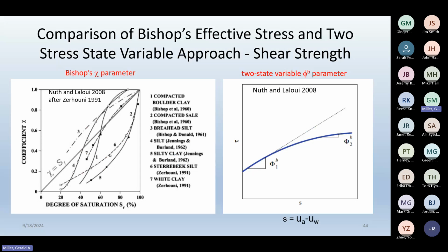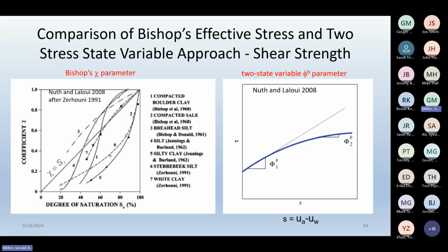But some research has observed that if you back calculate that chi, it actually varies a little bit from the degree of saturation. And then this is what the tangent phi b looks like. So you'll notice that it starts out quite linear and then it becomes nonlinear. So that is a challenge. If you want to use a nonlinear representation of phi b, you have to have some way to describe that.